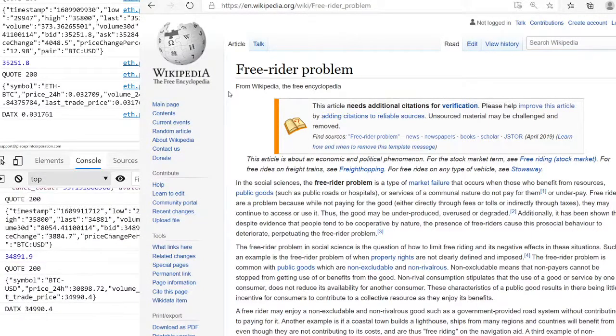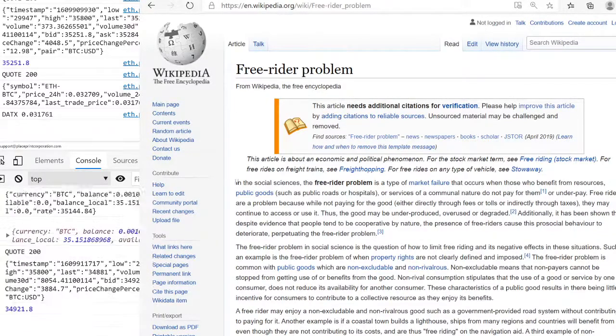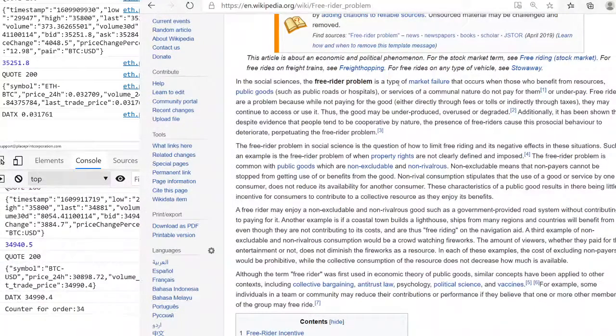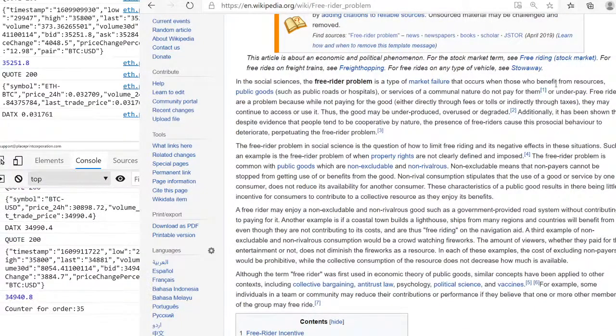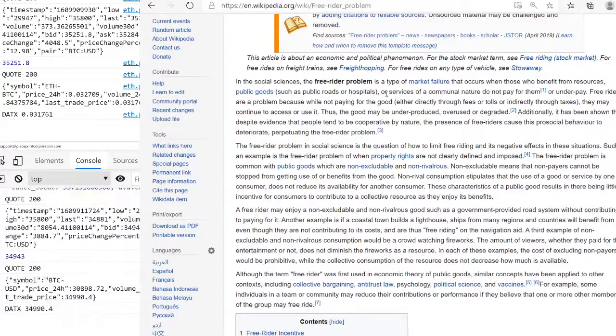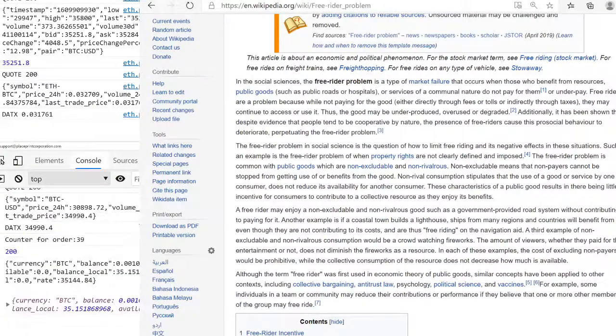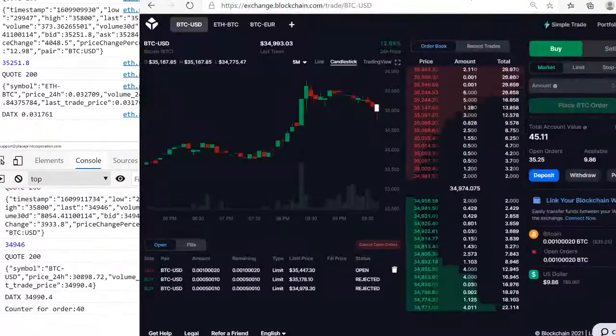Yeah, you're right, man. You guys are here, and I appreciate it. Free rider problem. This is just a brief jest. It is a type of market failure that occurs when those who benefit from resources, public goods, or services of a communal nature do not pay for them, or underpay. It's perfectly fine. It's a part of life.